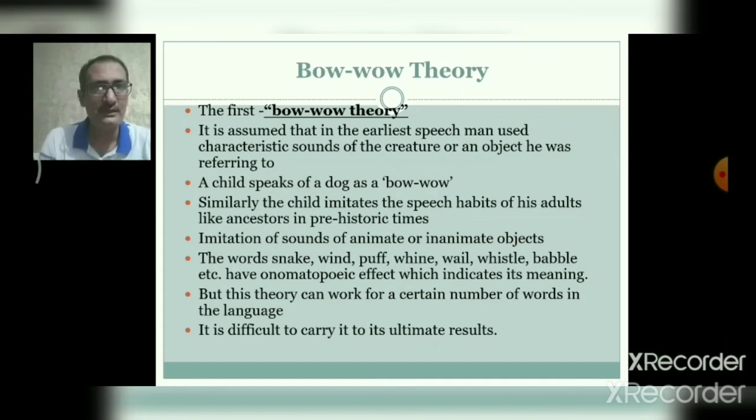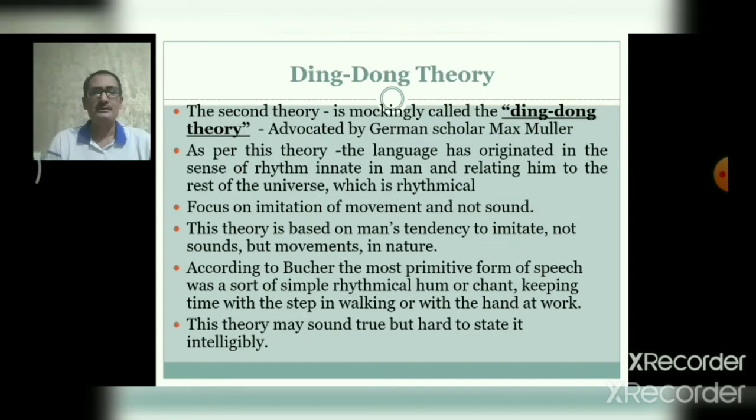The next theory that some anthropologists and linguists have advocated is mockingly called the ding-dong theory. This theory was advocated by German scholar Max Muller. As per this theory, language has originated in the sense of rhythm innate in man and relating him to the rest of the universe, which is rhythmical.